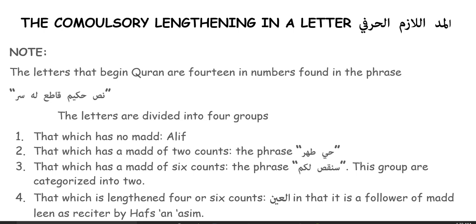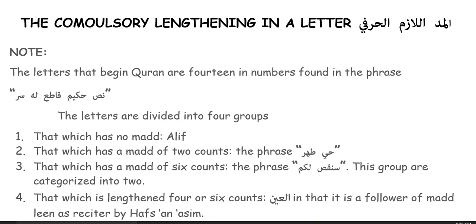So these letters are prolonged for 6 vowel counts, and this group is categorized into 2 as well, and that is where our discussion centers on. That is that in which a merging occurs and that in which merging does not occur. There are 7 letters, and they are all to be prolonged for 6 vowel counts.